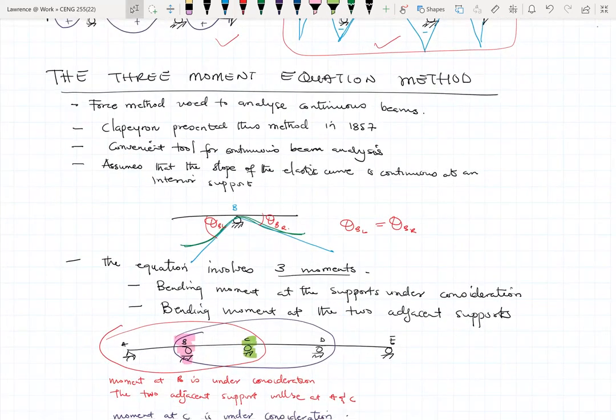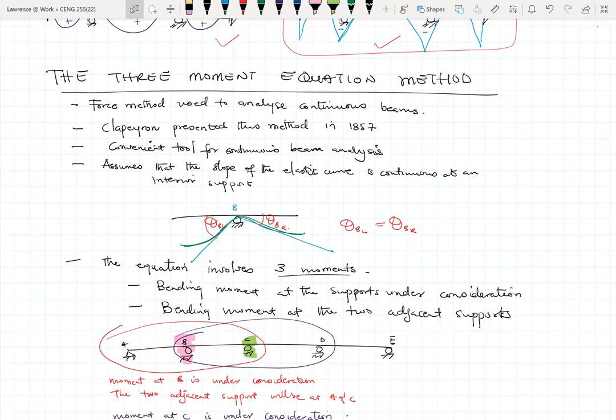We were also introduced to one of the force methods to analyze continuous beams or statically indeterminate beams, which is the three moment equation method.